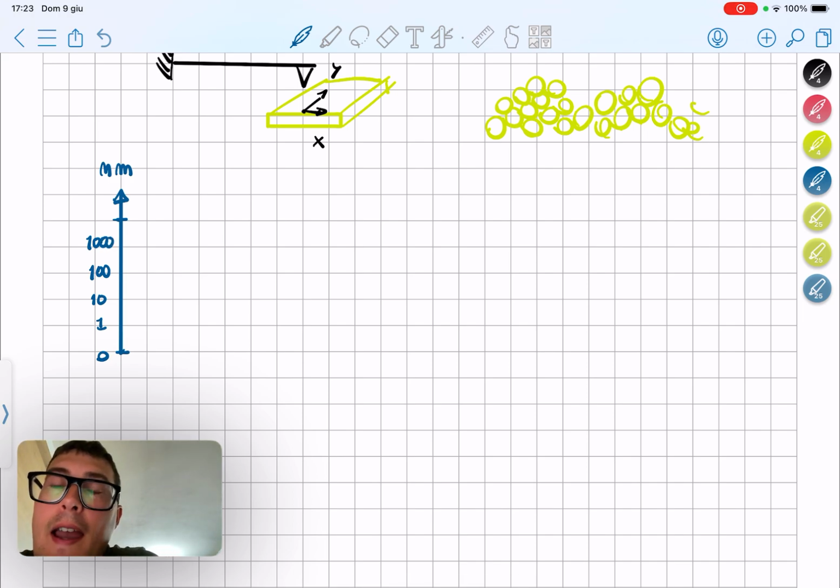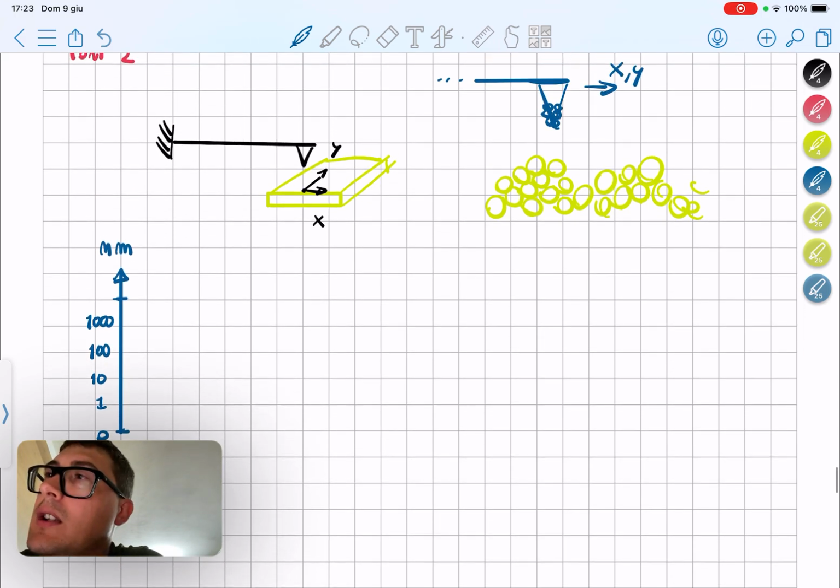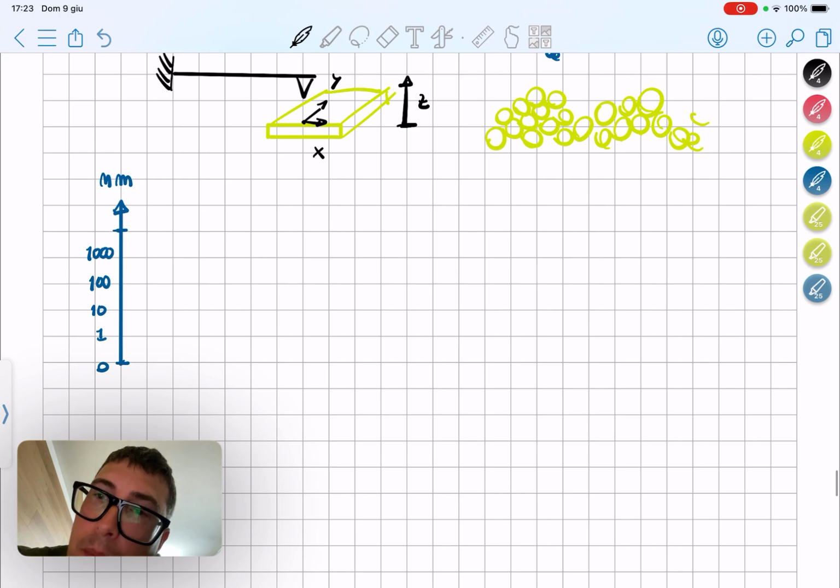We can identify different regimes according to the distance z between the cantilever and the surface of the sample. And this first regime, from 0 to 1, we call contact.